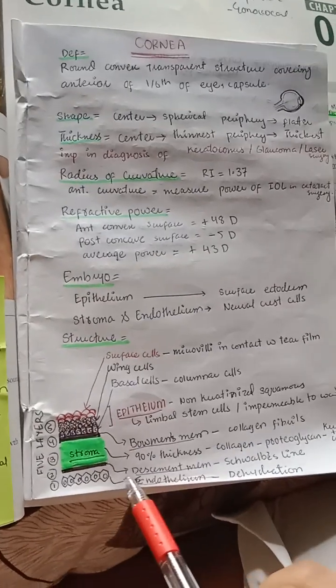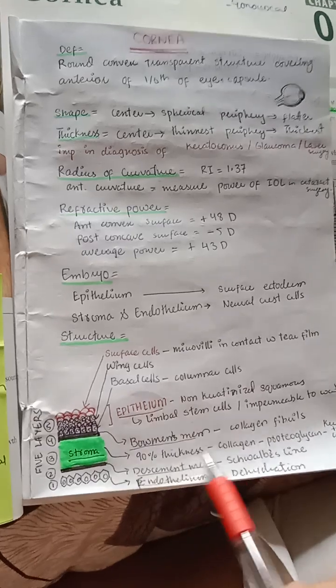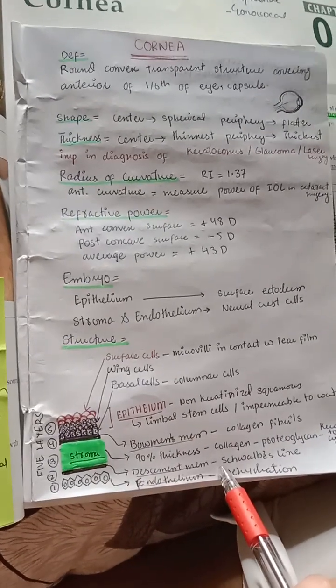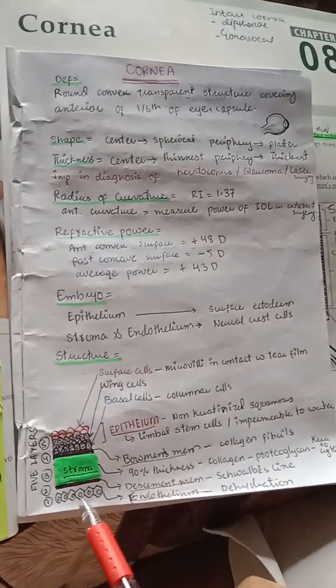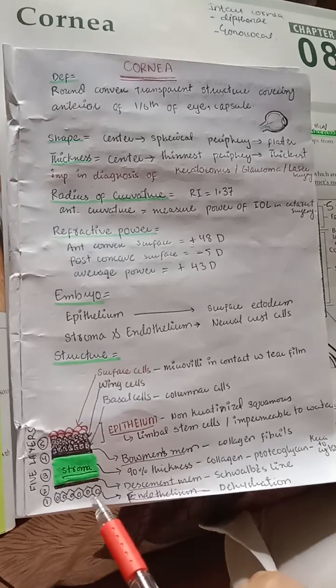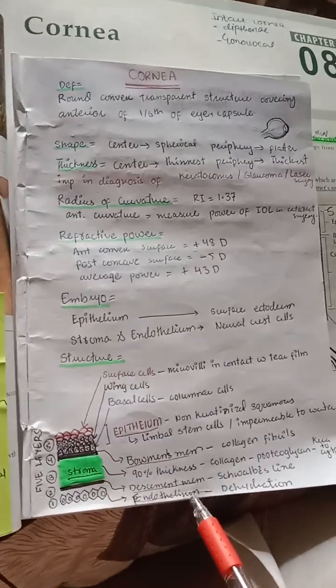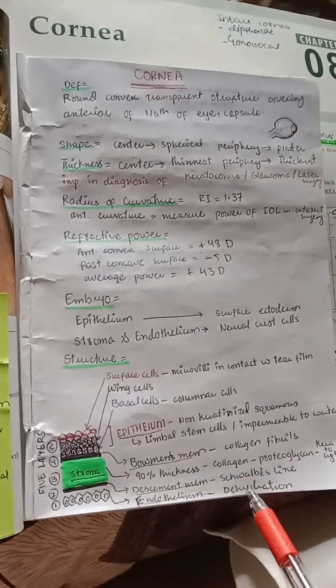Next to the stroma is the Descemet membrane, which ends at the periphery, where there is a visible line known as Schwalbe's line. The last structure of the cornea is the endothelium, and it's important because it plays a vital role in dehydration of the cornea.